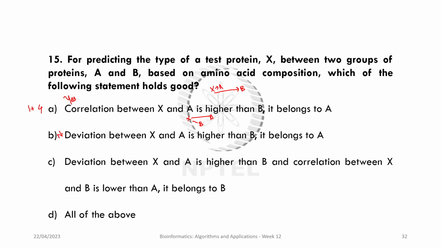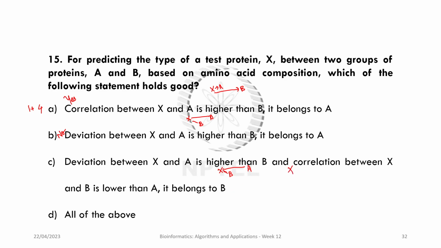This statement is false. Deviation between X and A is higher than B, which means X is closer to B and farther from A, just spatially, for visualization purposes. And correlation between X and B is lower than A. So these two are contradicting statements.